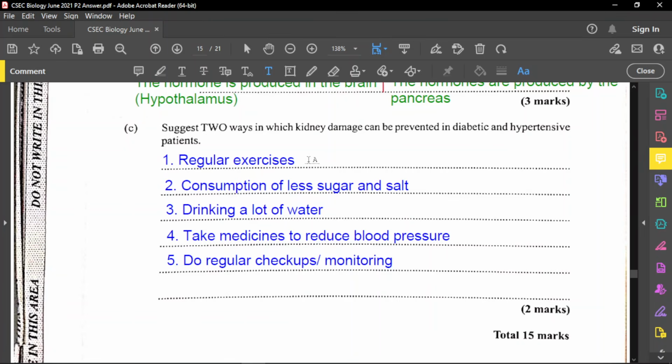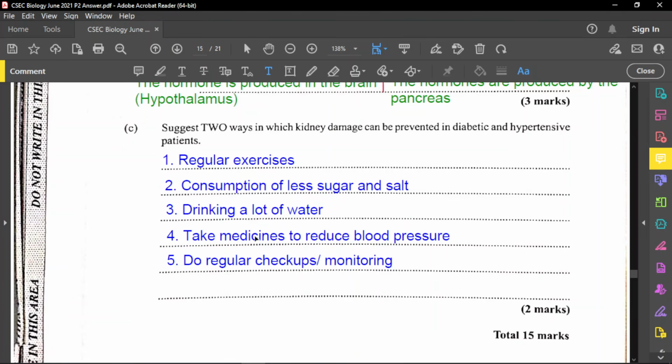Your body will use up the glucose and the electrolytes readily, since excess salt will cause hypertension. Also, the consumption of less sugar and salt is important as well. Drink a lot of water to make these substances move through easily and to prevent the buildup of sugar, because if sugar concentration is high in the blood, drinking a lot of water will help keep the blood at its regular consistency.